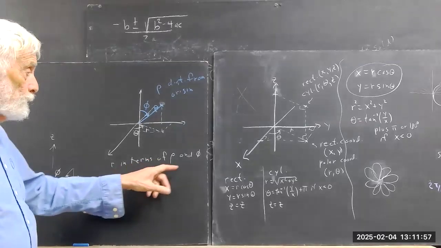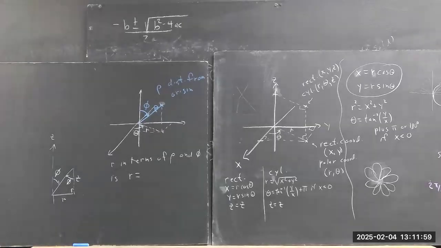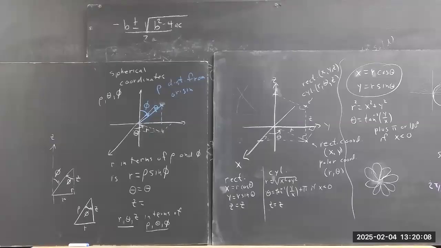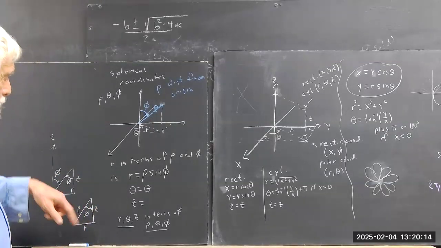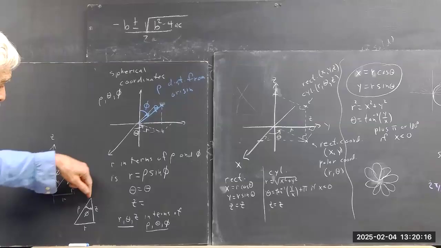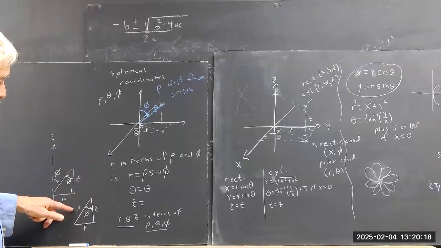Now, my question is, how do you express R in terms of rho and phi, given that triangle? What's the relationship between R and phi and rho? Okay, so we've got this triangle, and we can see from it that R is opposite angle phi, and the hypotenuse is rho.